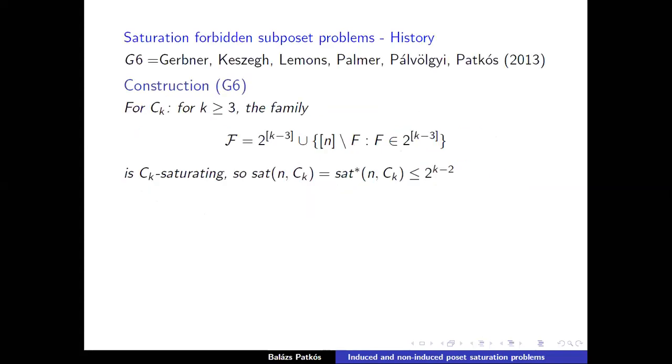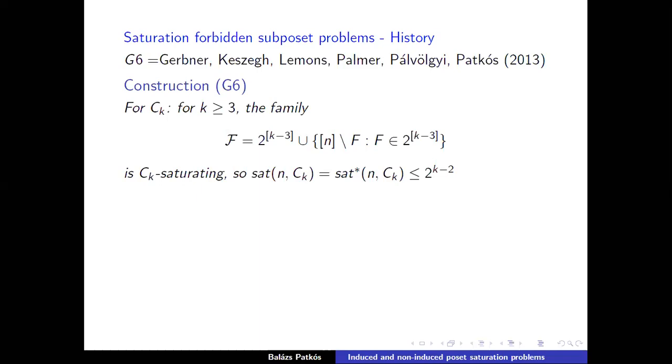Okay, so let's recap the history of this problem. What do we know already about it? It started about 10 years ago, when with Dániel Gerbner, Balázs Keszegh, Lemons, Cory Palmer, and Dömötör Pálvölgyi, we observed that the simplest posets are, of course, chains, totally ordered sets.